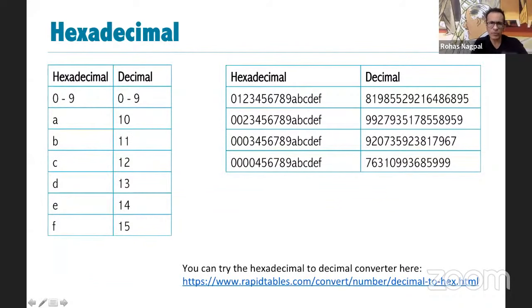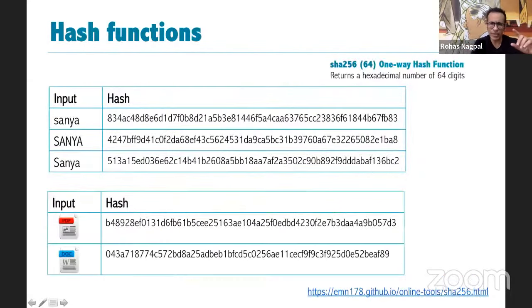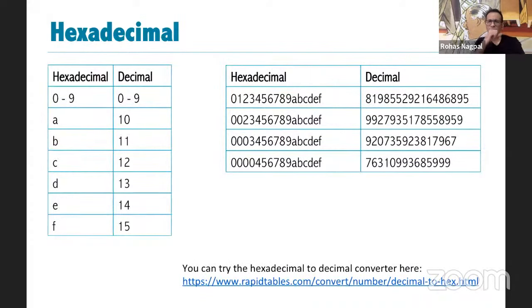The second thing, of course, before we go in, let me just briefly tell you, when you looked at these hashes, you may wonder that they look like alphanumeric code. What are they actually? Actually, they're just numbers. As human beings, we use decimal, right, which is 0 to 9. And then 10, 11, 12 goes like this. In hexadecimal, it's 0 to 9, which looks normal. 10 is represented by A, 11 by B, and like this, it goes all the way to F. Hexadecimal is just a way of representing numbers, like decimal or binary is.